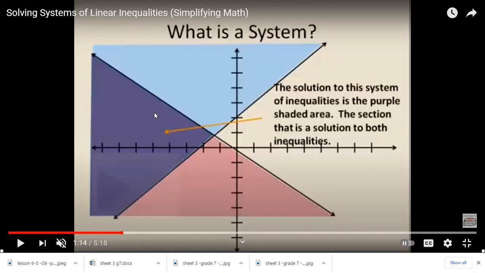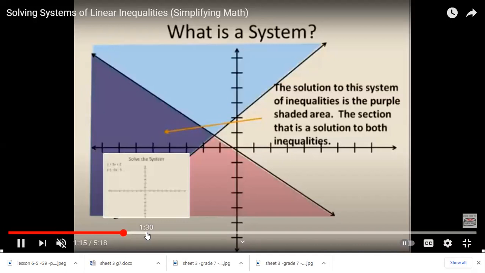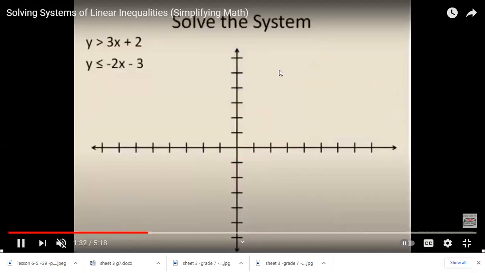So let's take an example. This one. Now we want to represent both inequalities graphically, and then we are looking for the common region between both of them. Adham? Yes, Miss.